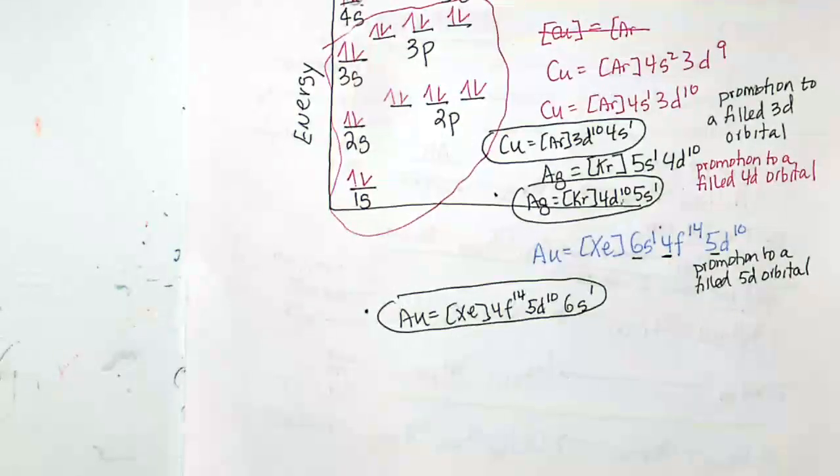So let's go ahead and do that and see what we get. Okay, so this is going to be the electron configuration for chromium.